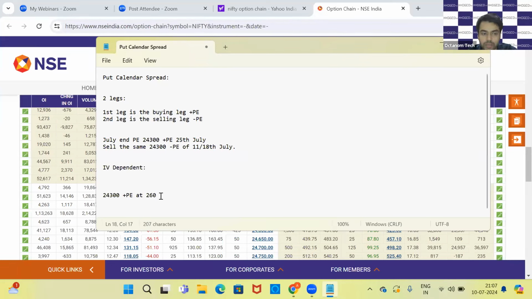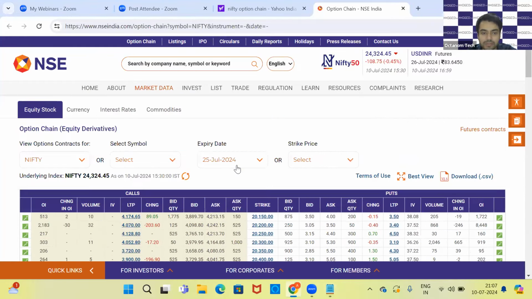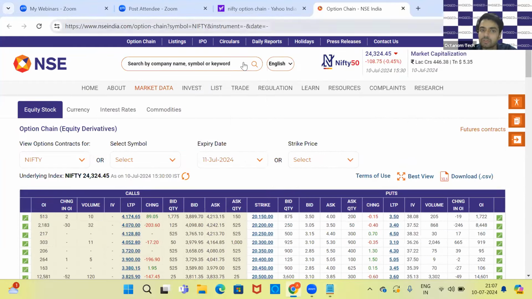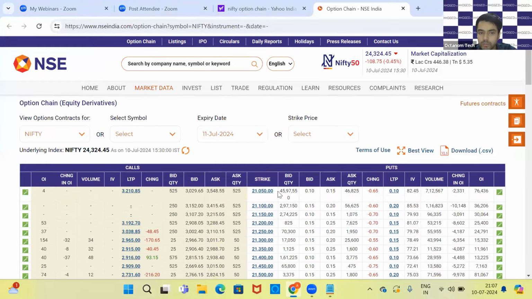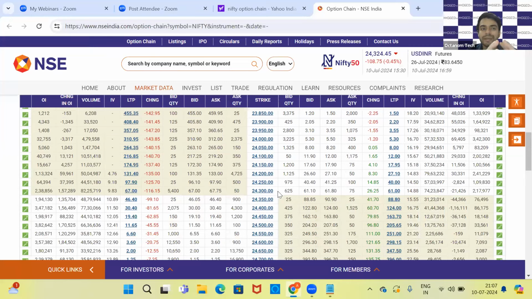Now, 24,300 PE is of 25th July, that is 260. Now, near expiry. What is the near expiry? Let's take 11th July. Now, remember one more thing: whichever strike you sell, it is always better to keep a gap between the expiries. By a gap, I mean after 11th July, initially your trade should be of July end and first week of July.